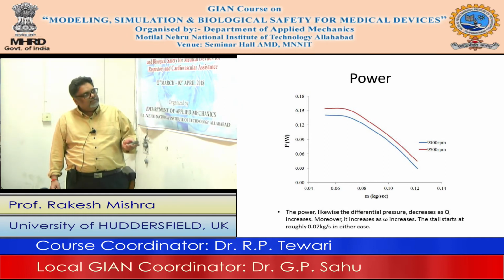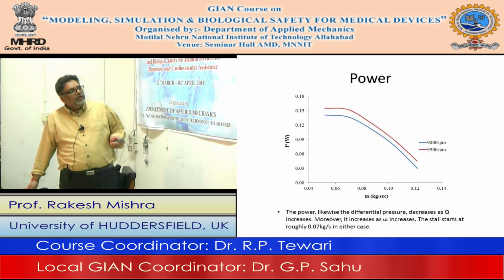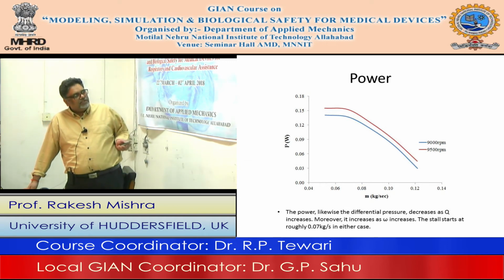If you look at how static pressure is varying, the difference between the high value and the low value at 9,000 RPM, at 3 liters per second and at 7.01 liters per second, is very small for this case as against this case.